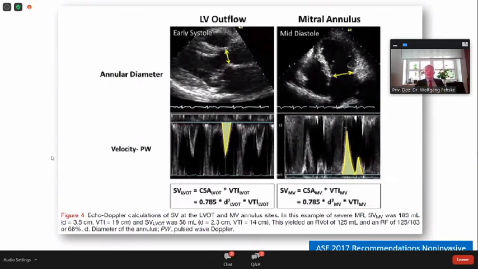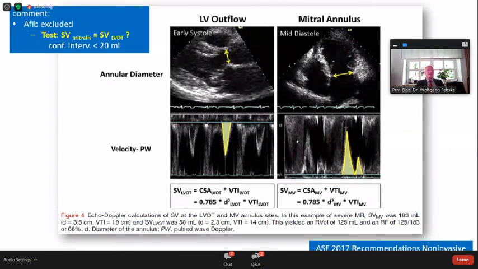What the guidelines of the American Society of Echocardiography propose is extremely difficult to do, and nobody really uses it: comparing the left ventricular outflow tract stroke volume to what flows across the mitral valve. This is, in my eyes, not serious, and one should really test in normal patients the stroke volume across the mitral valve against the left ventricular outflow tract, and you need a confidence interval which you have to define beforehand.